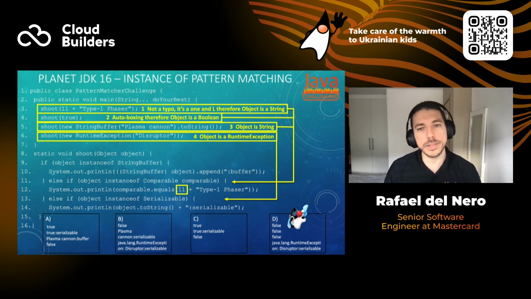So it's going to fall into the comparable if statement. And on the third shoot, we are using StringBuffer toString, which means that it's also comparable. String is comparable. And then the last one is the runtime exception object, which is a serializable object. Okay, so we're gonna have false, false, false, and then a runtime exception. So that's the reason.